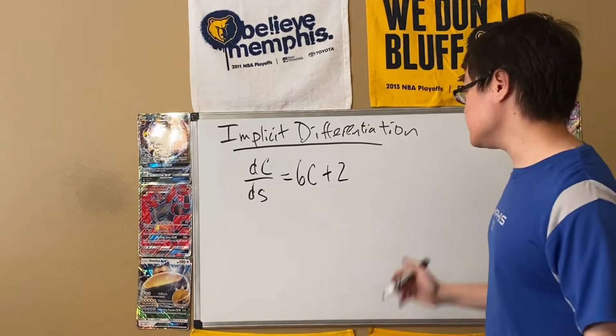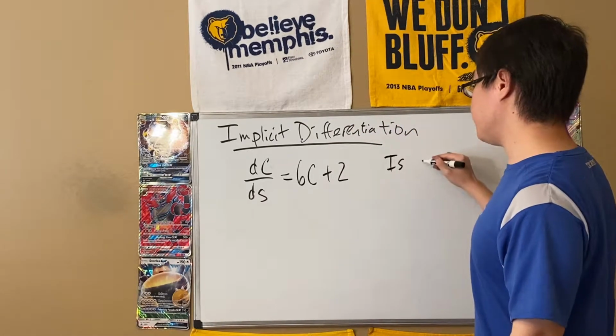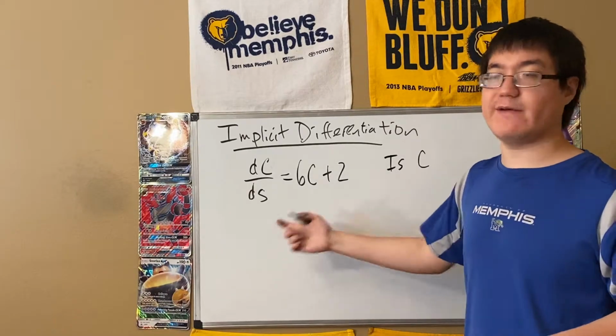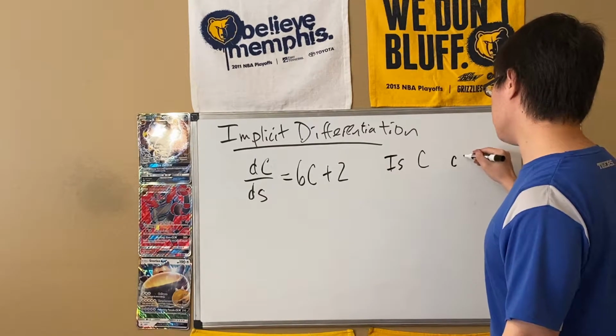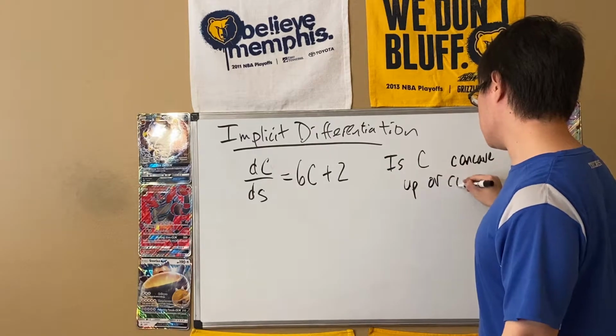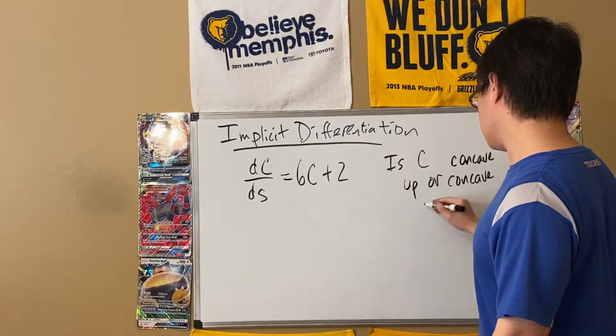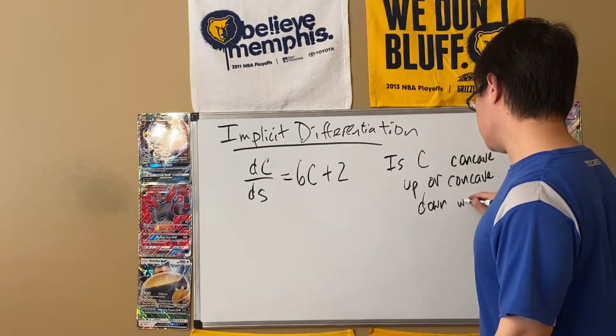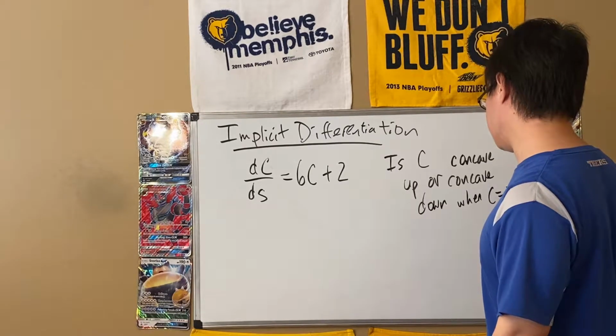And what we're going to ask is: the function c, which is the solution to the differential equation, is this concave up or concave down when c is equal to 3?